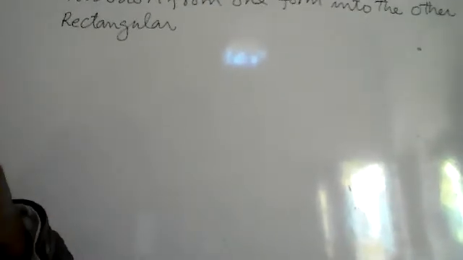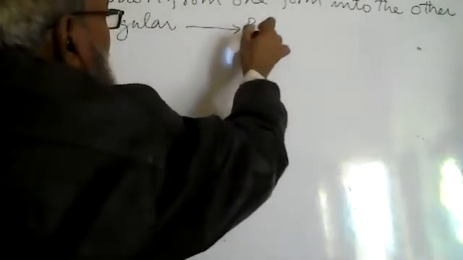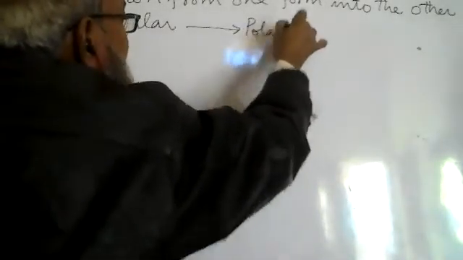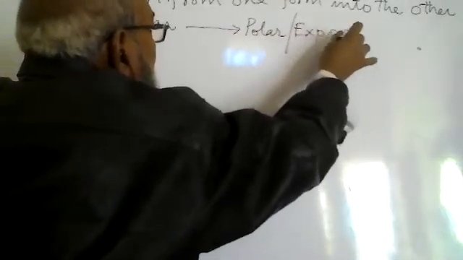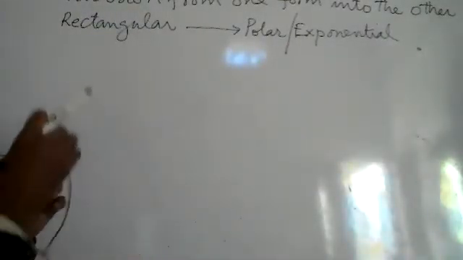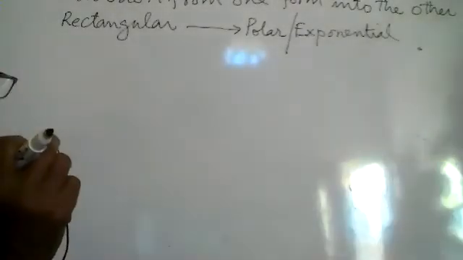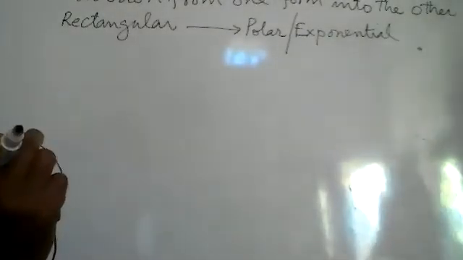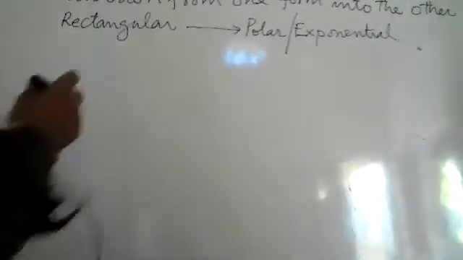Rectangular into polar and exponential. So to convert into the polar form, we need two things: mod z, that means r, and the argument z, that is theta. So we are given the rectangular form.